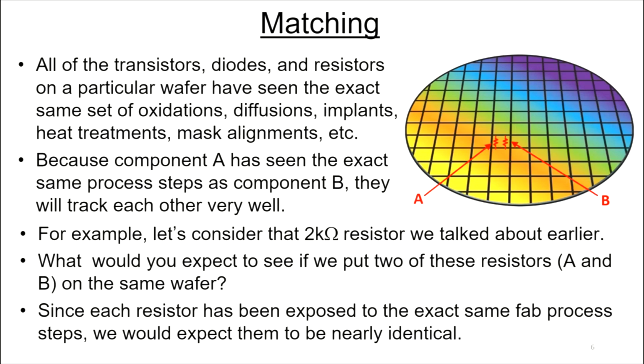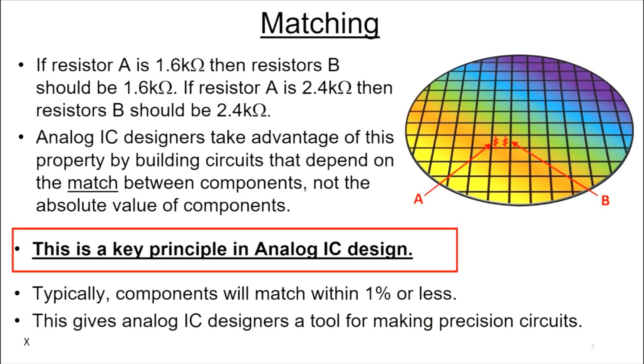For example, let's consider that 2K resistor we talked about earlier. What would you expect to see if we put two of these resistors, A and B, on the same wafer? Since each resistor has been exposed to the exact same fab process steps, you would expect them to be nearly identical in value. If resistor A was 1.6K, you'd assume resistor B is also going to be 1.6K.